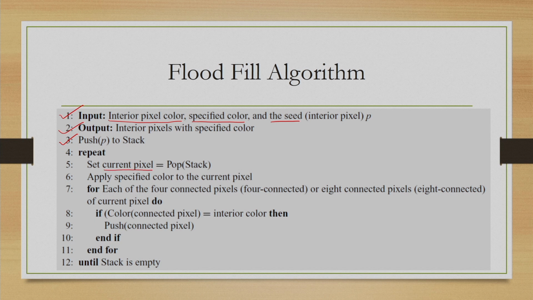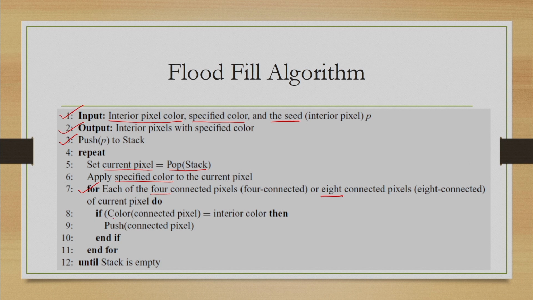First we pop the stack and set it to the current pixel, apply specified color, then assuming connectedness as we did before, we deal with either 4 or 8 connected pixels, and for each pixel we do the check. Now, here the check is slightly different as compared to what we did earlier.